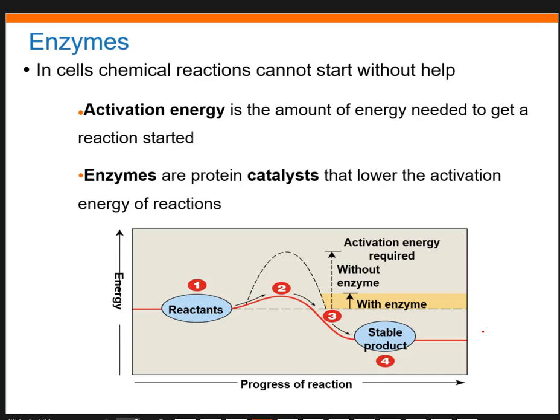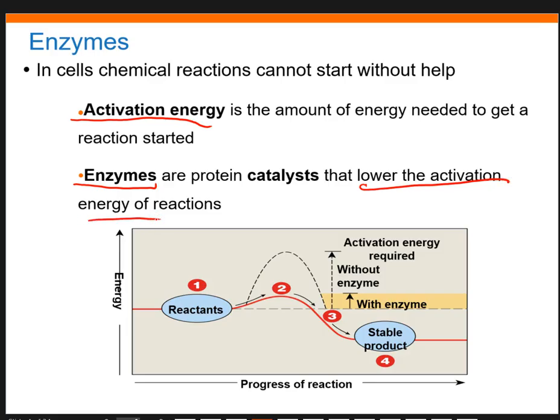In a normal chemical reaction, the activation energy is the amount of energy that's needed to make that reaction happen, right? So the more energy you have to put into the reaction, the slower it is. What enzymes do is lower the activation energy.